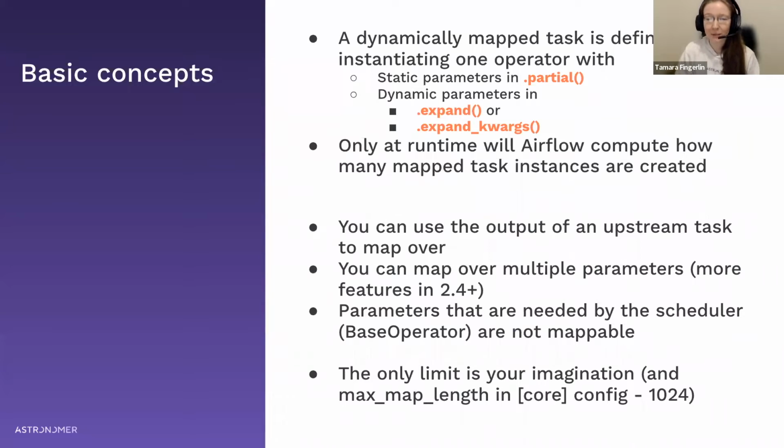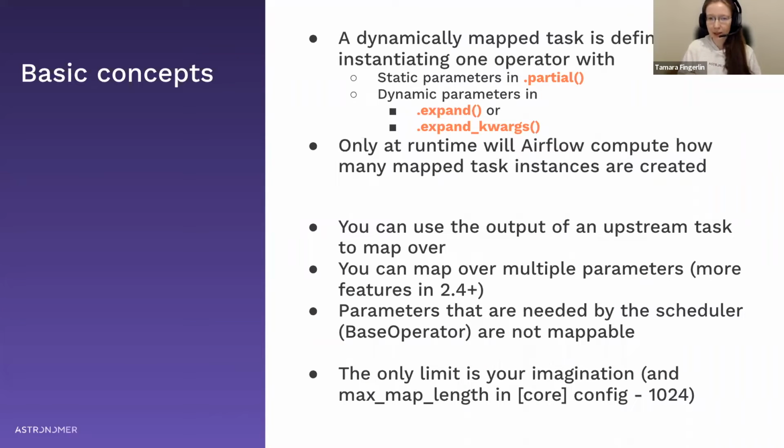Okay, I talked a lot about the benefits and when to use them, but now how do we actually implement dynamic tasks? A dynamically mapped task is defined by instantiating one operator, the way you always do. But instead of just giving it its usual parameters, you divide those parameters up and give them to the operator either in the .partial function, which contains all the static parameters, so oftentimes the task ID or other parameters like the destination bucket in this case.